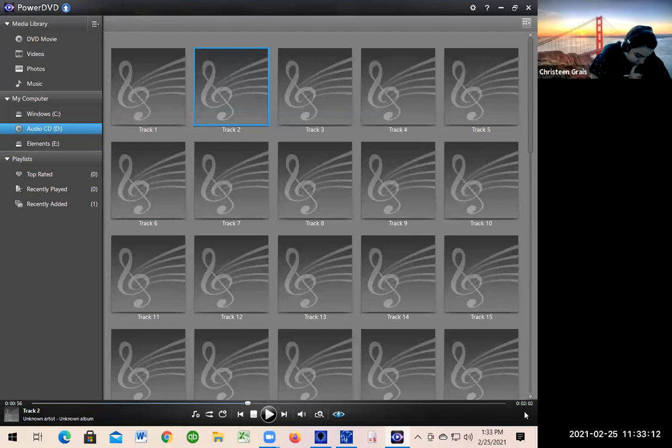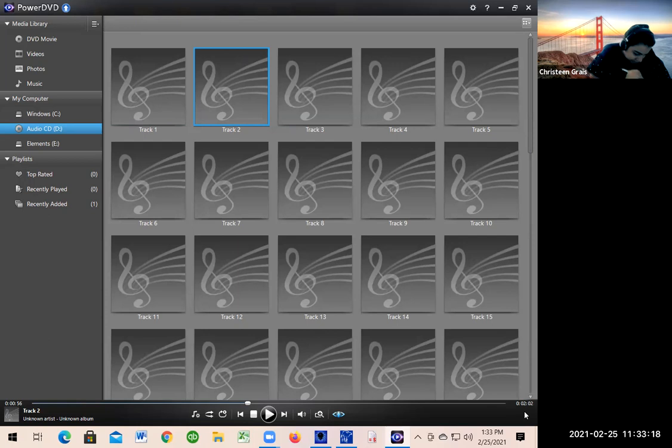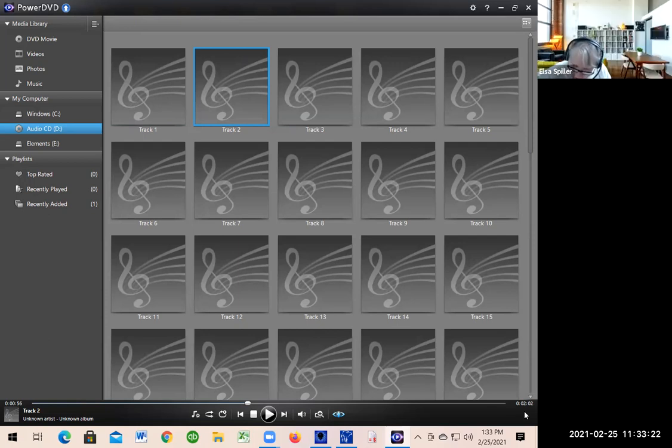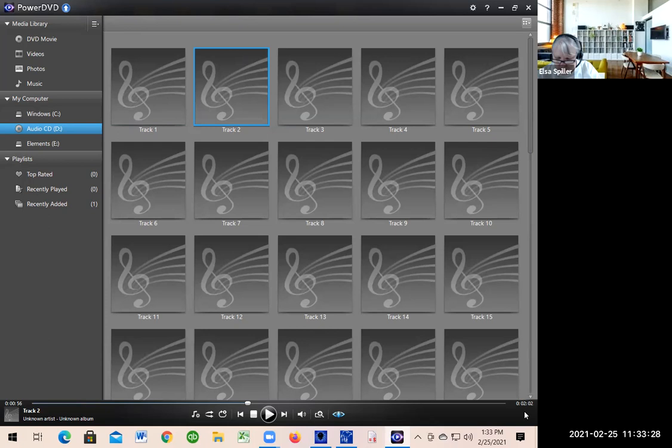Can you think of word clues that you might use for math? Numbers, addition, subtraction, multiplication, right? What about English, language arts?